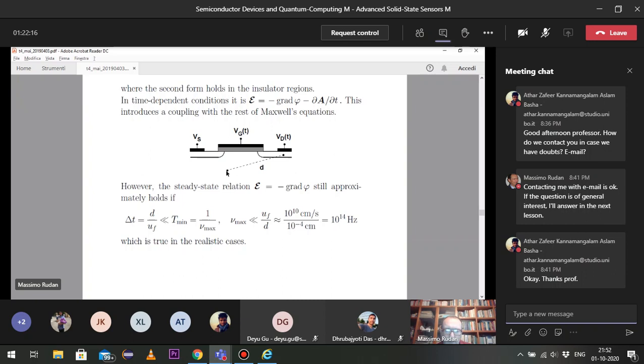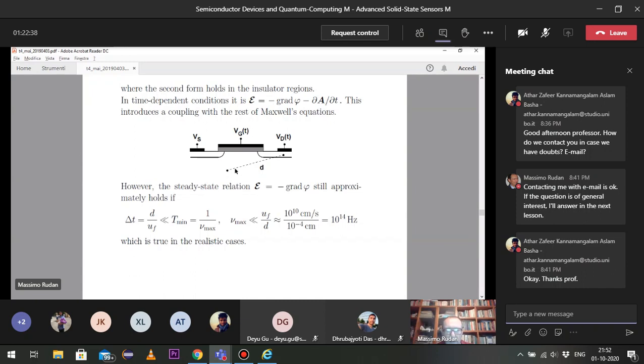The electromagnetic field in the other point will change after a time, because the electromagnetic perturbation takes some time to propagate from the drain contact to the interior of the material, okay?